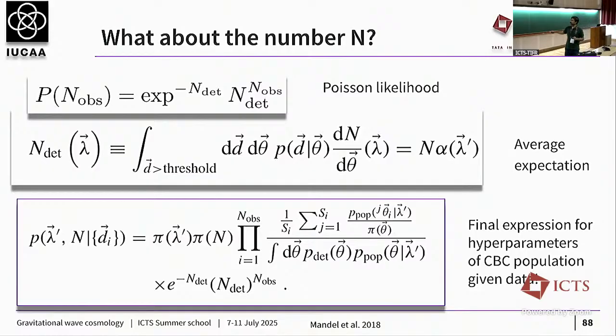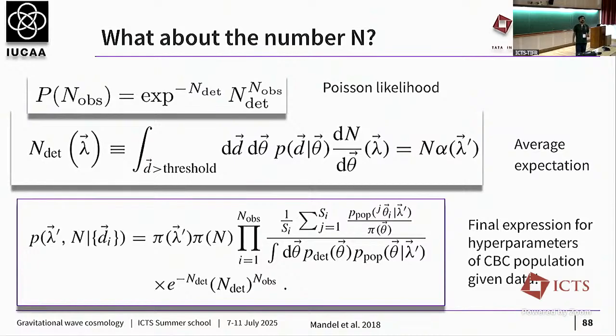Okay. So this is the final expression for the hyperparameters of the CBC population. So this compact binary coalescence is what populations are generating these observed events. If you want to figure them out, then you have to work out this posterior.